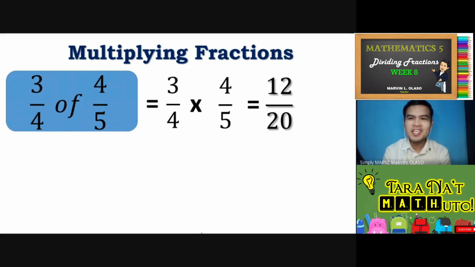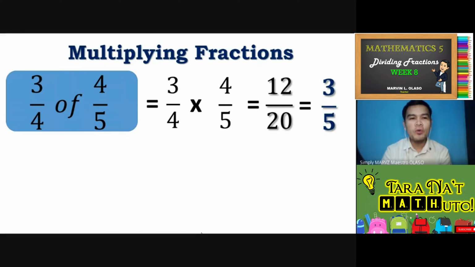What is the GCF of 12 and 20? Yes, we can divide it by 4. 12 divided by 4 equals 3. 20 divided by 4 equals 5. Therefore, the lowest term is 3/5. 3/4 of 4/5 is 3/5.